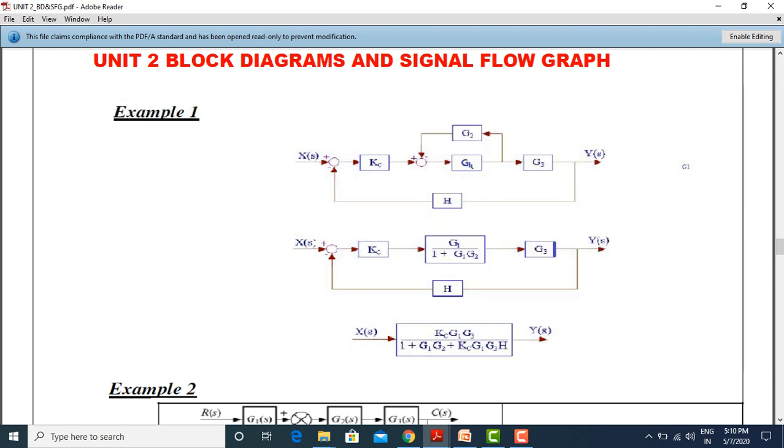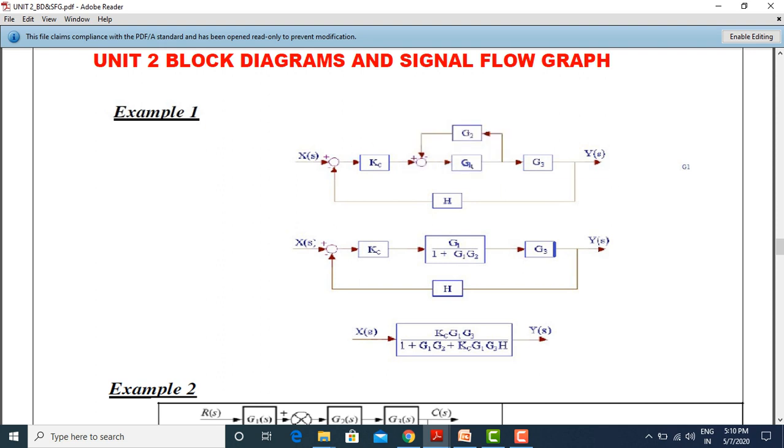In this problem, is there a series loop or cascade loop? No. Is there a parallel loop? No. So I can see here it is a feedback loop.